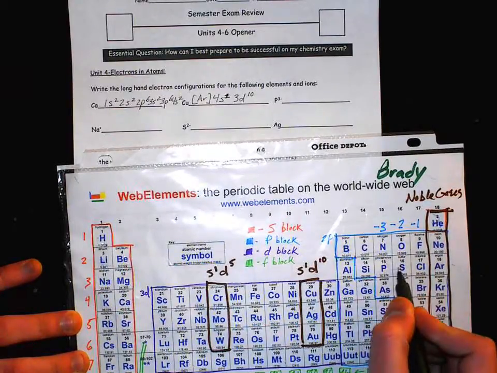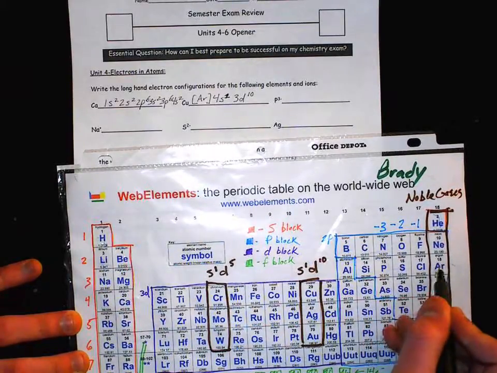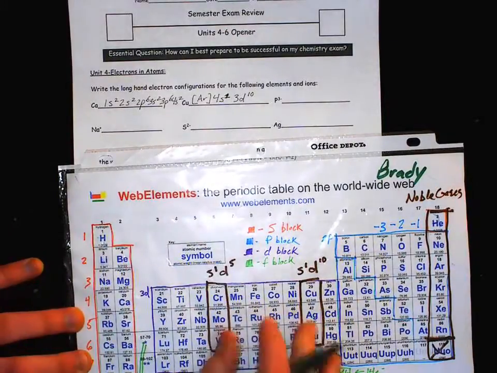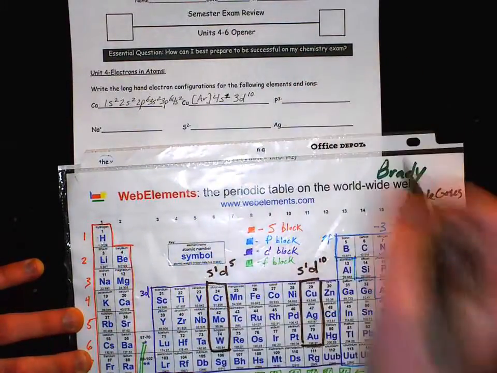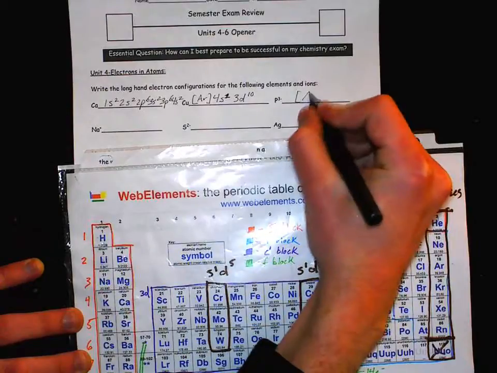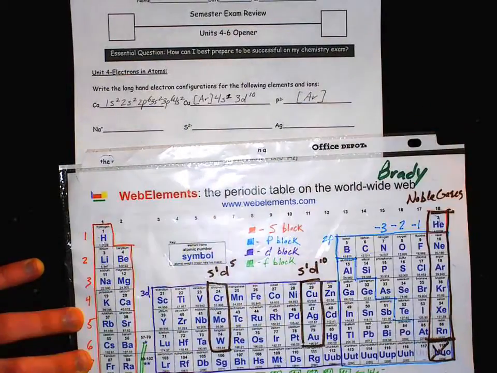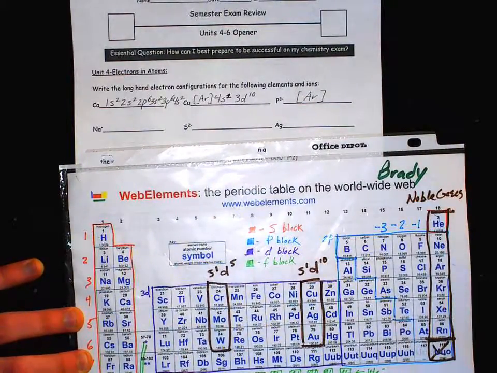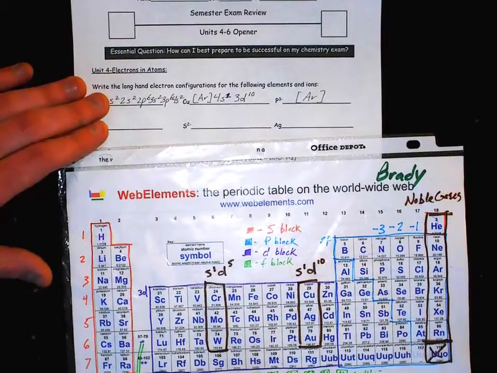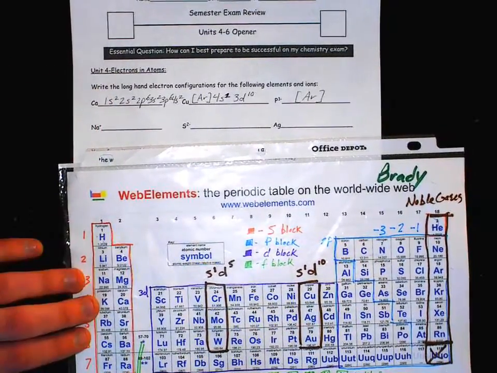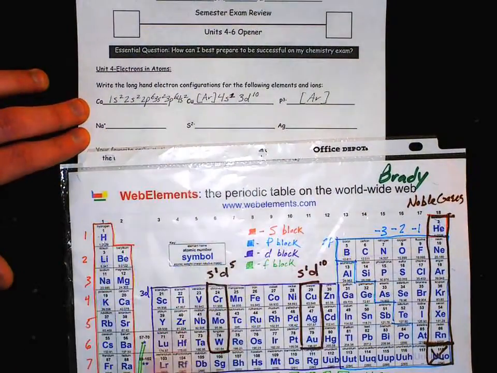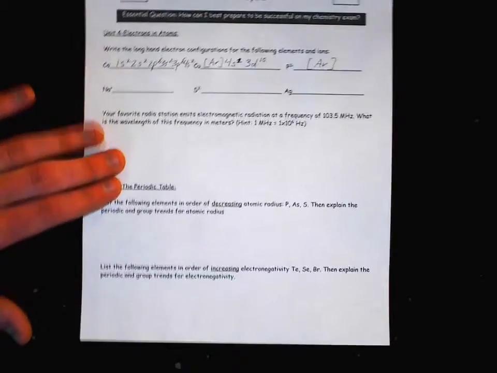So it's got 1, 2, 3 extra electrons. It's like argon. So I'm just going to write argon for now, and you can fill out the longhand one to get more practice, but that gives you the idea of how we do the electron configuration for an ion. You can find the rest of these answers, I put up the answer key as a document that you can check. Alright, moving on.